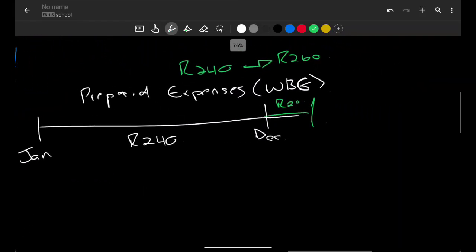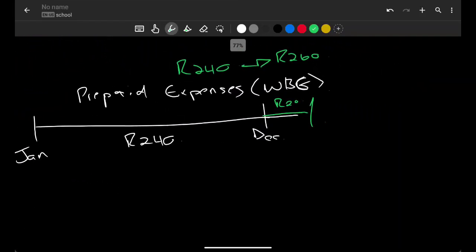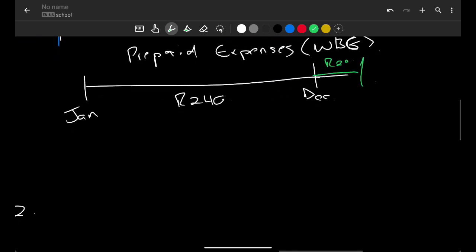Same principle as income received in advance. Income received in advance, they paid ahead of time, and then we had to deduct it, and when it comes due, we then say that they paid it. But up until that moment, we owe them. In this case, when we are paying ahead of time and it's prepaid expenses, they owe us.